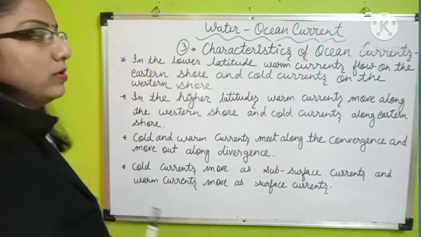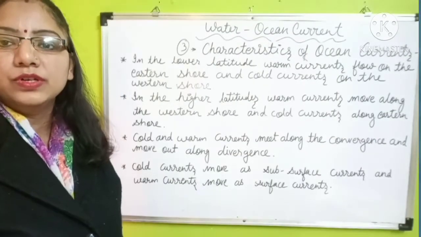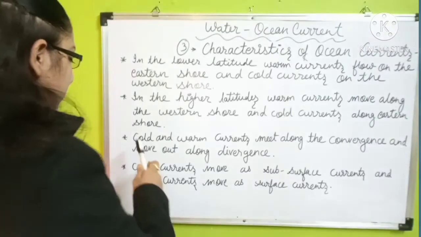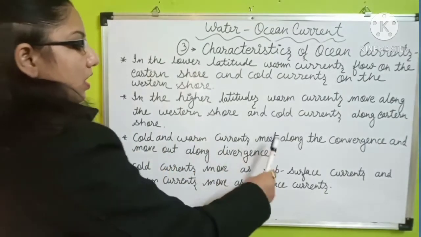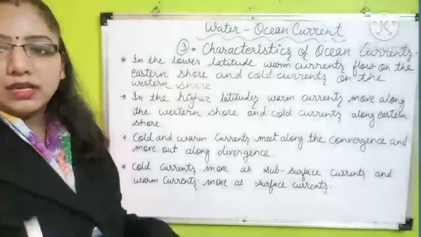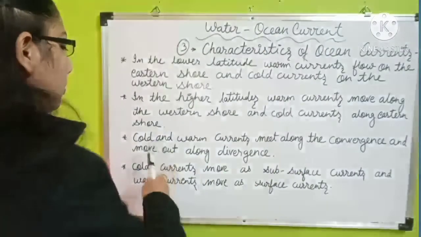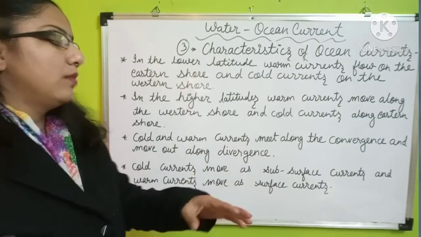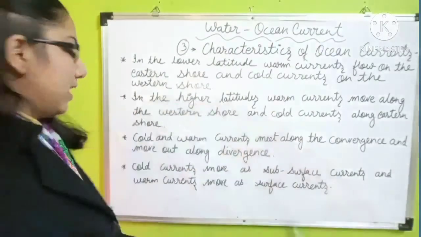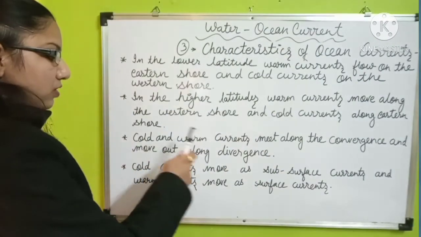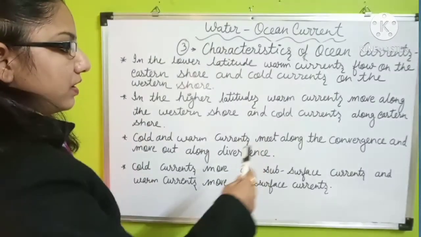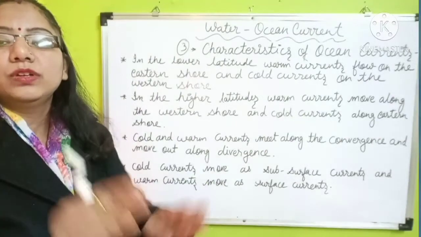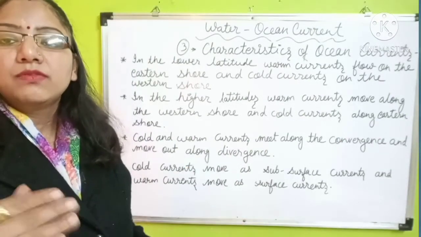Another characteristic of the oceanic current is that the cold and warm currents meet along the convergent line, where the cold and warm ocean currents meet each other. Then after that they move out again at the divergent boundary. After the convergence, there are two ways through which they diverge from each other.